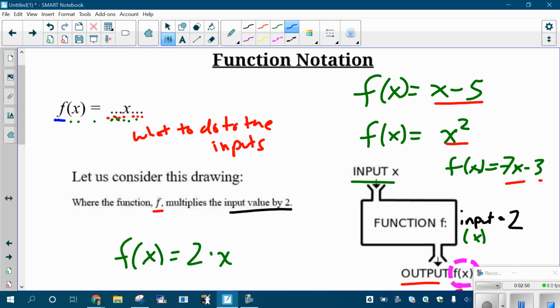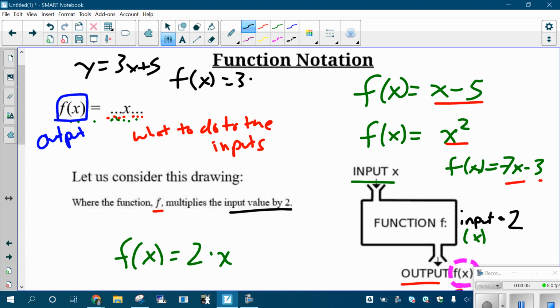What you have on the left here is the output. Okay. Again, this looks similar to stuff you're more familiar with, like y equals 3x plus 5. In function notation, you just write f of x equals 3x plus 5. Okay? So we're just using this f of x as our output instead of our y.